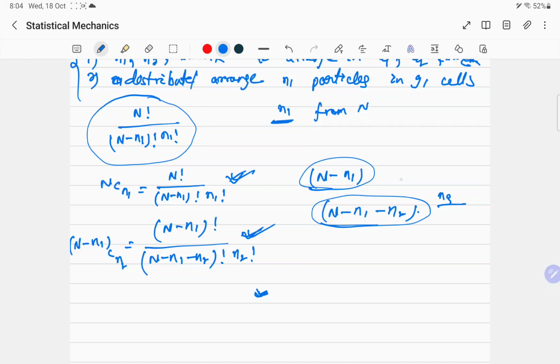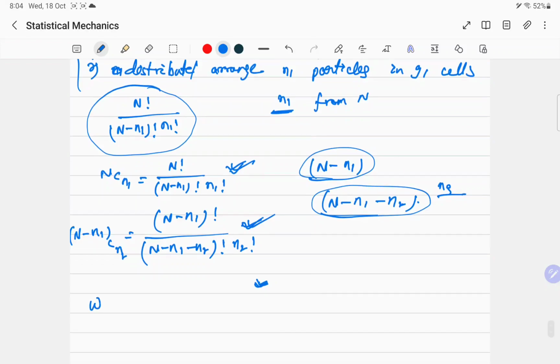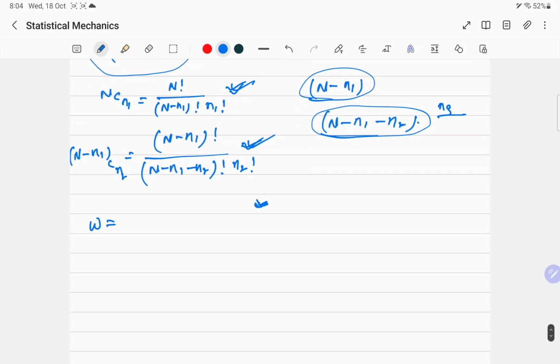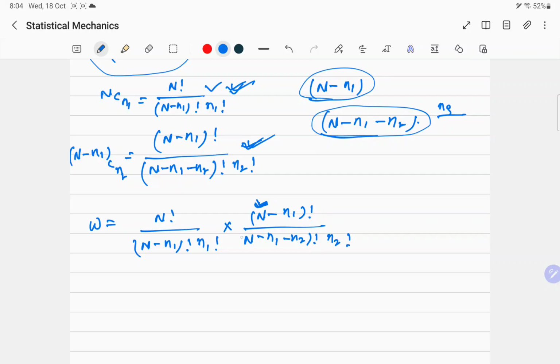So the total number of arrangements W, that is the thermodynamic probability, will be simply the multiplication of all these things. That is n factorial by (n minus n1) factorial into n1 factorial, multiplied by (n minus n1) factorial by (n minus n1 minus n2) factorial into n2 factorial, multiplied by the next terms.